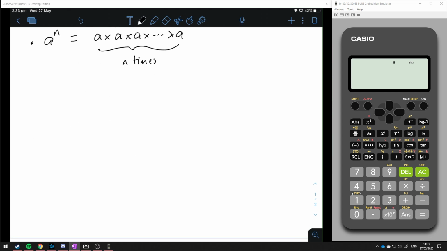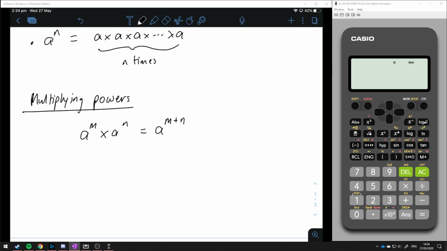To multiply a power with the same base, we add the indices. So to multiply powers, a to the power of m times a to the power of n, they have the same base, so that would be the same as a to the m plus n.